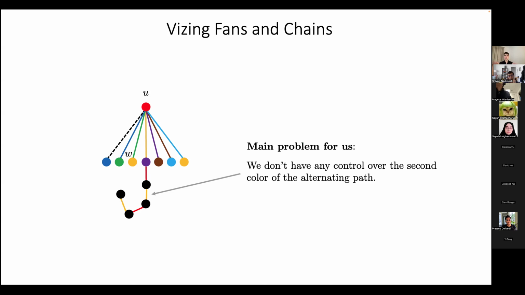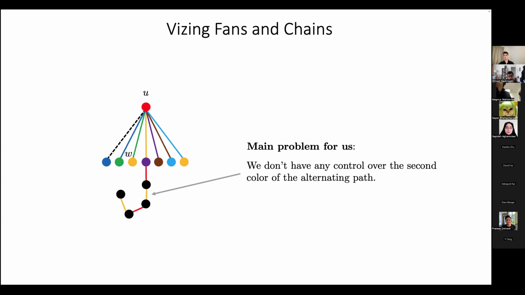That's because the total length of all these alternating paths was big O of n, because they all had the exact same colors, blue and red, right? But here, even if we have all of these social edges where blue is missing at one endpoint and red is missing at the other endpoint, and we consider the alternating paths generated by the Vizing fans at these edges instead, the secondary colors in these paths might all be different, right?